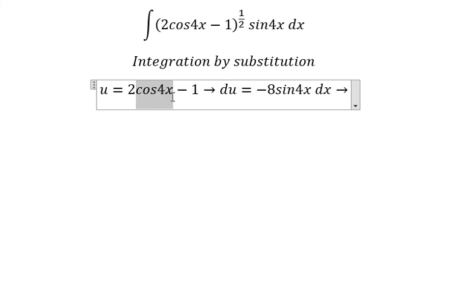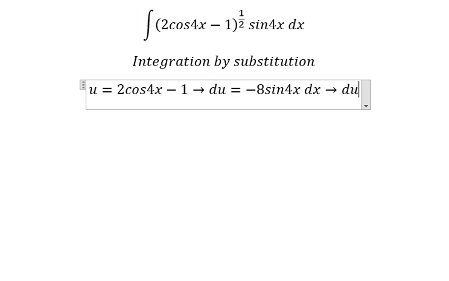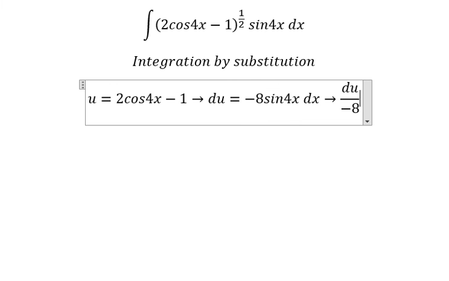The first derivative of cosine 4x is negative 4 sin 4x. Negative 4 with 2 gives negative 8. The constant gives 0. Because we don't have negative 8, we divide both sides by negative 8.